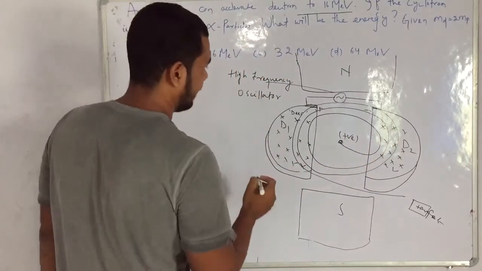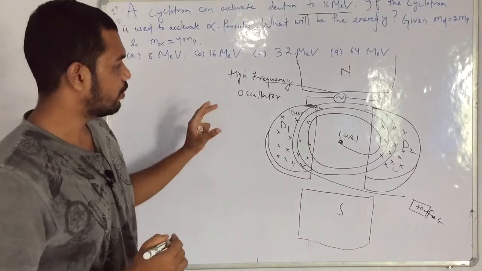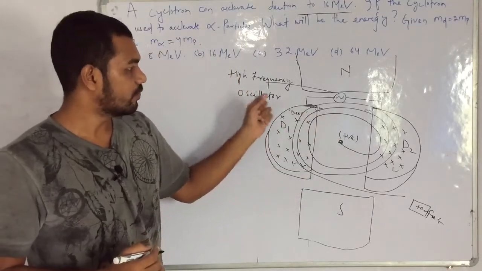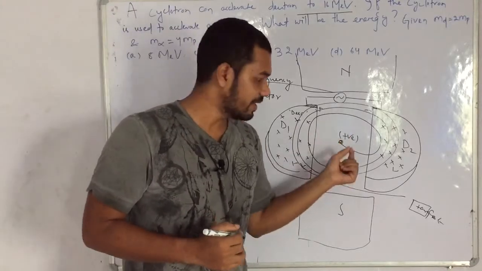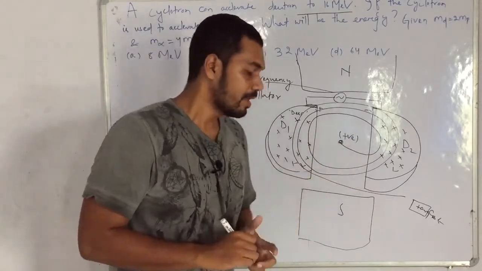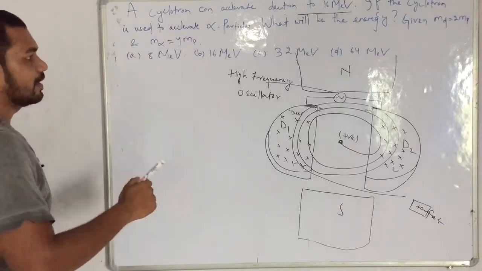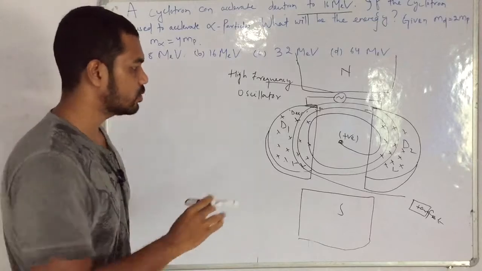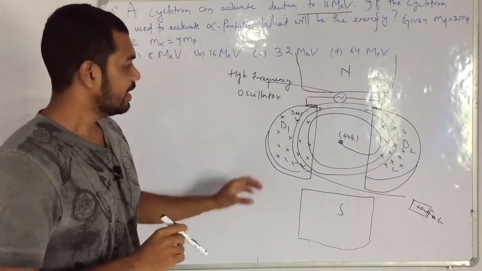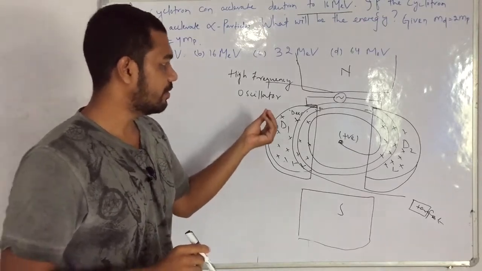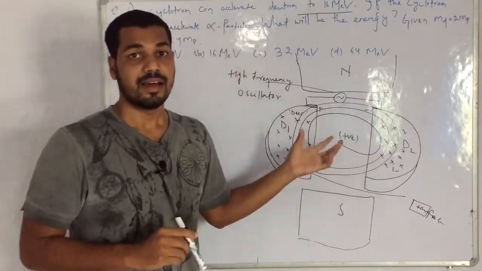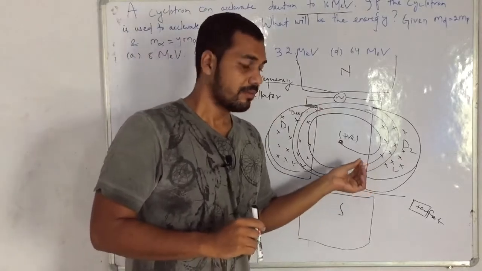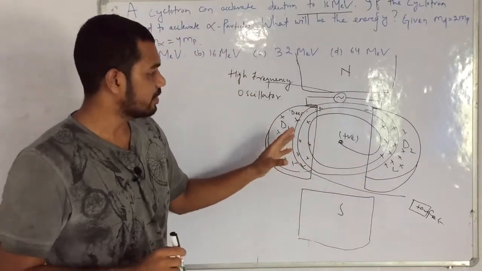So for writing the energy expression, what are the factors on which the energy of the particle in the cyclotron depends? You may have seen that the high frequency oscillator provides alternating voltage to the charged particle, so you may think that the voltage has a contribution in the final energy expression, but actually it does not.